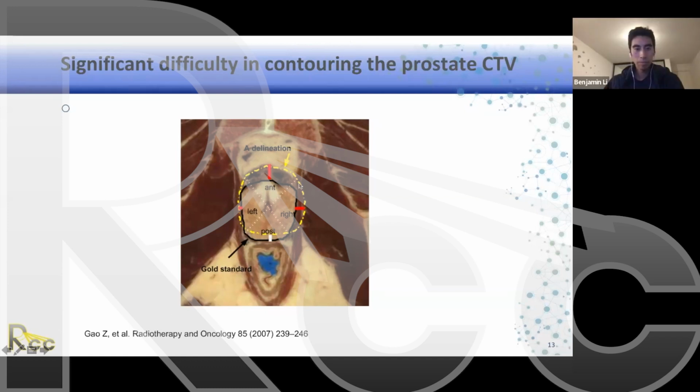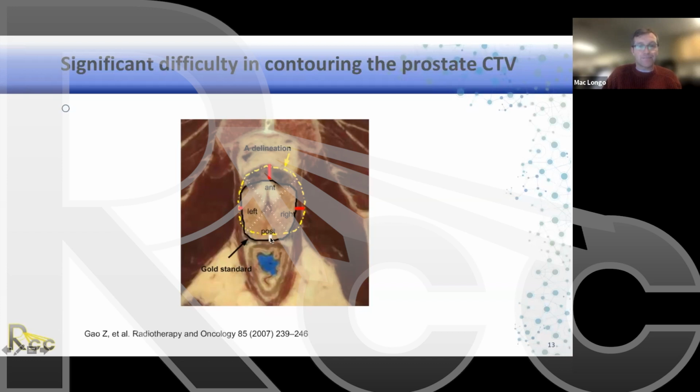Oh, great. So in yellow, we see the CT contours overlaid on the anatomic gold standard. And here we include a significant portion of anterior fascia, which is outside of the prostate. So we over contoured, we contoured too much. But on the other hand, there were areas of the prostate, especially posterior here, where radiation oncologists missed.